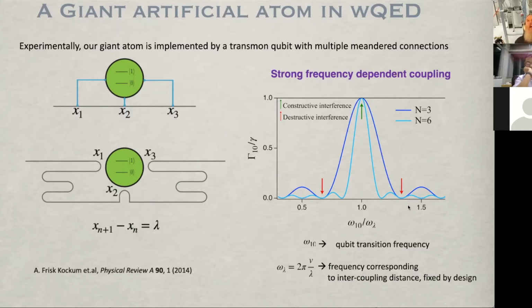In this sense we break the dipole approximation. We create an effective bath for the system which is very strongly frequency dependent, which is what you would naturally see for a giant atom, right?